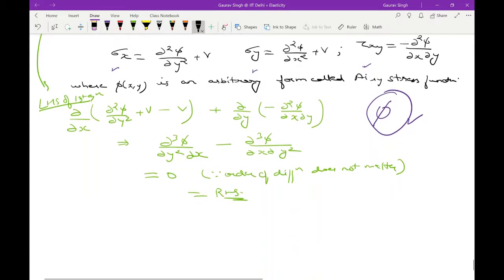Now let's take care of the rest of the ones. Let's see which one we should take up. We can take up, say, the compatibility equation. So the equilibrium equations are satisfied. I am not going to the form in which the equilibrium equation is written in terms of displacement, which is the Navier's equation.